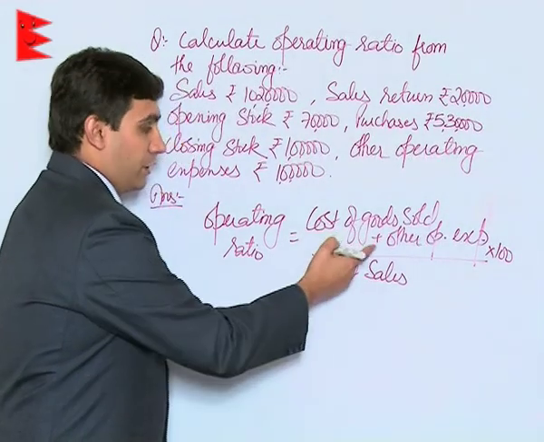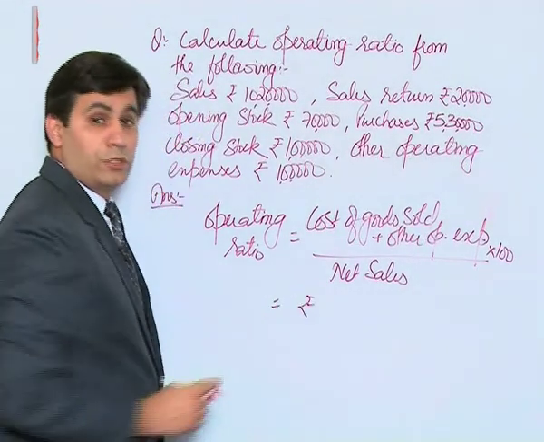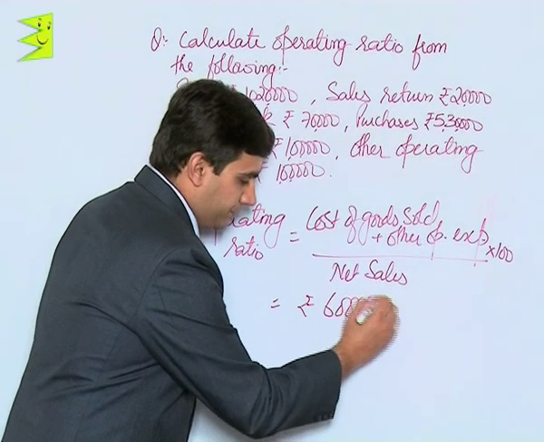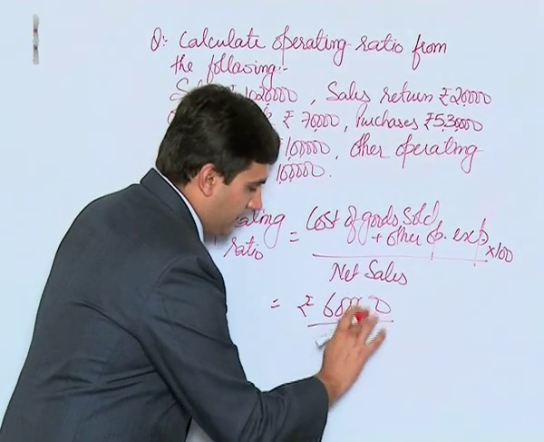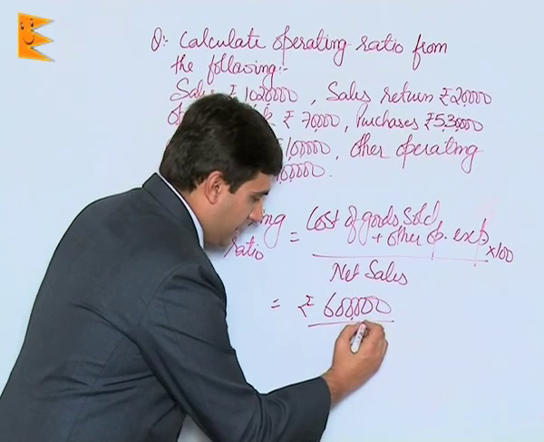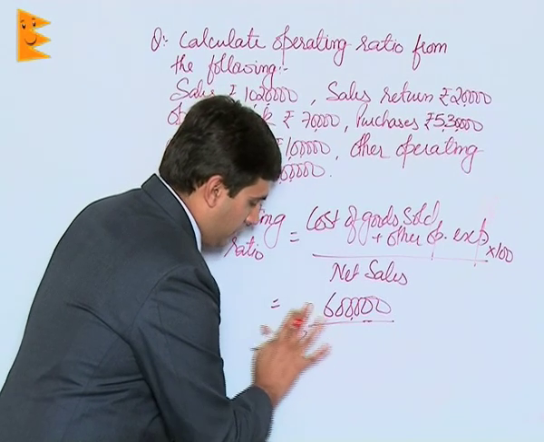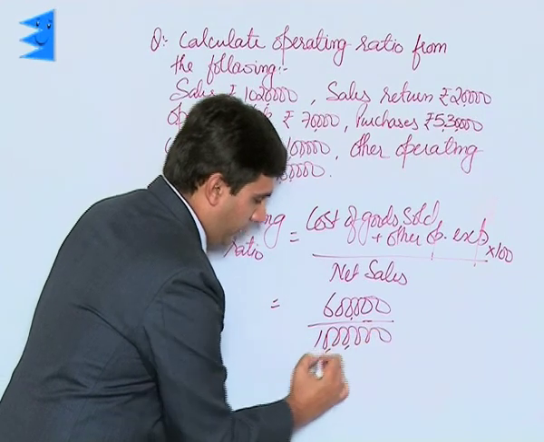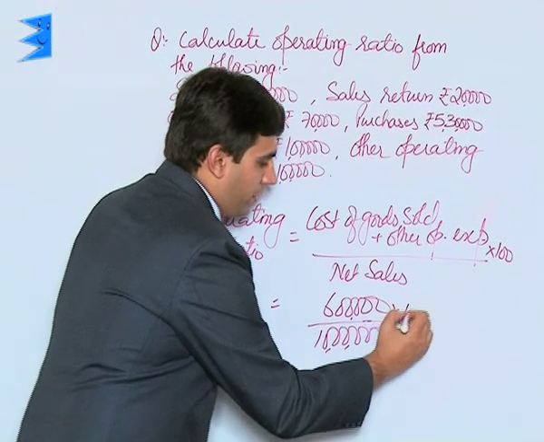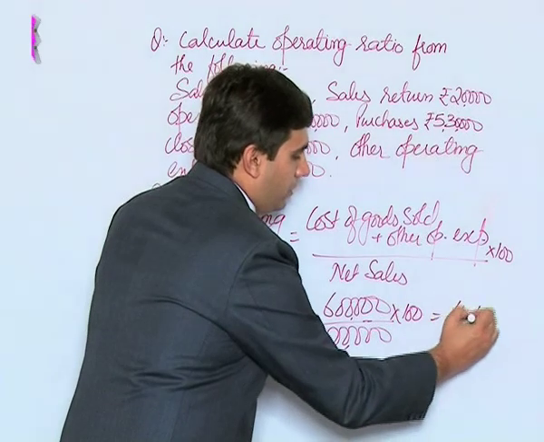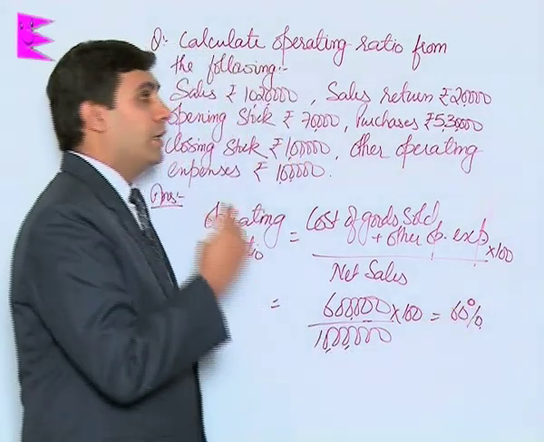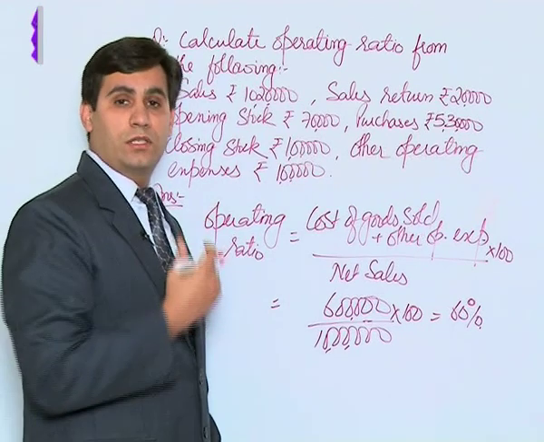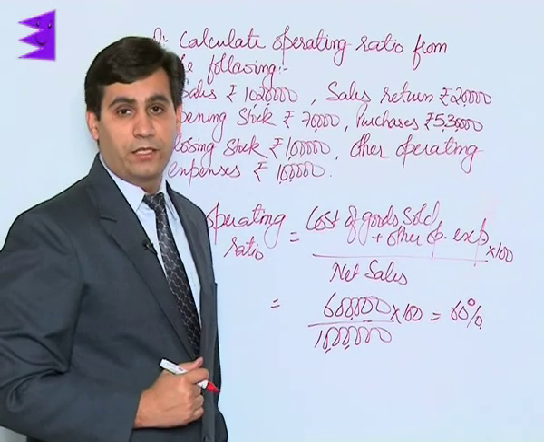Now students, the numerator we had just calculated was equal to rupees 6 lakhs. That would be 6 lakh divided by net sales. The net sales in this question is 10 lakhs into 100 would make it equal to 60%. That means the operating ratio for this particular question comes out to 60%.